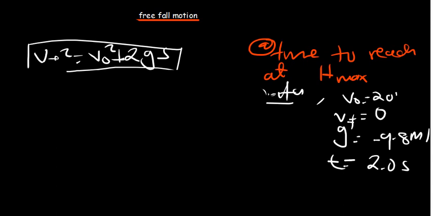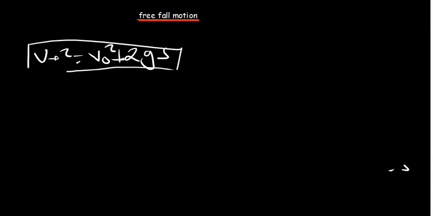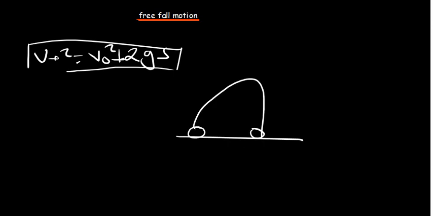Okay, so now what if I throw this ball with an initial velocity of 20 meters per second? It reaches there, the final velocity is going to be 0 meters per second. But the moment before I catch this object here, the velocity has to be the same as the initial velocity, but it's going to change the sign.